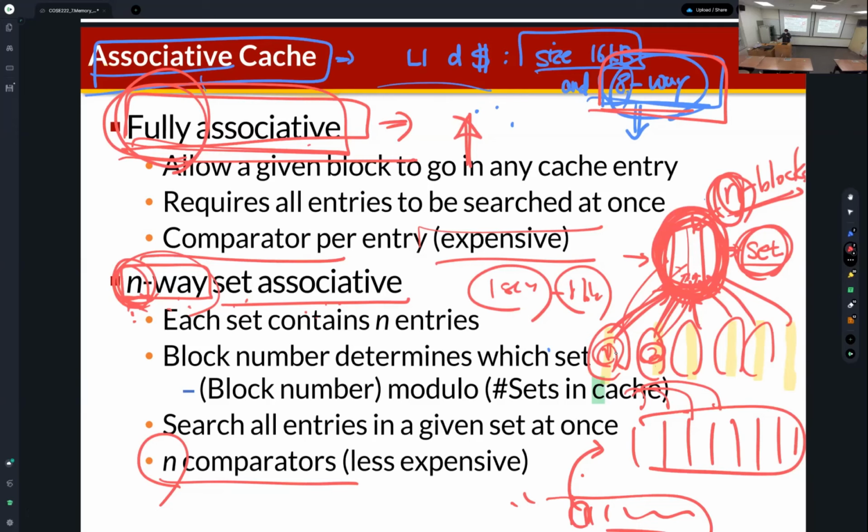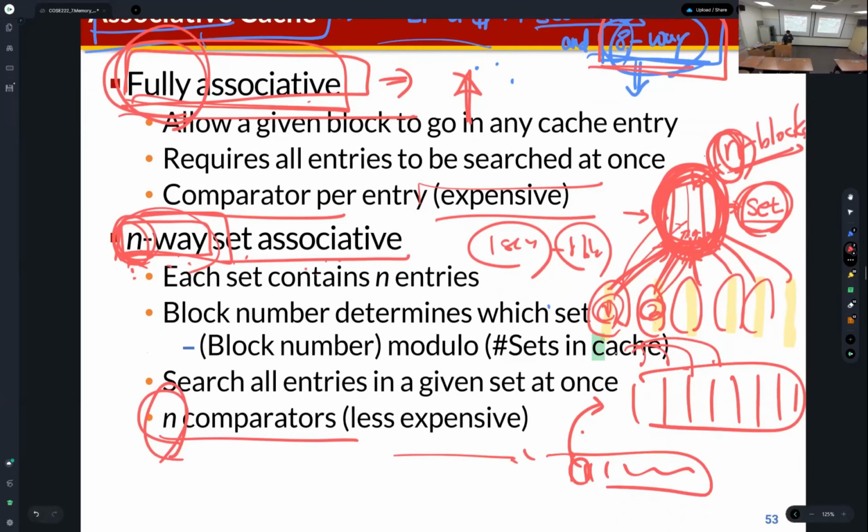So that's very expensive. But if we use the n-way set associative cache, one cache set can store up to n blocks, which means we require n comparators. It's less expensive than the fully associative cache.